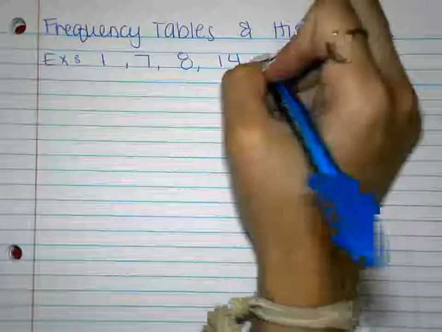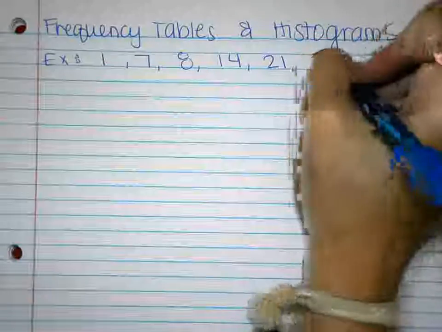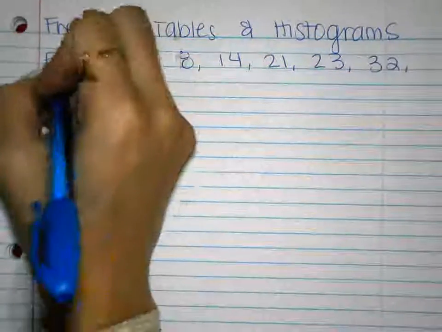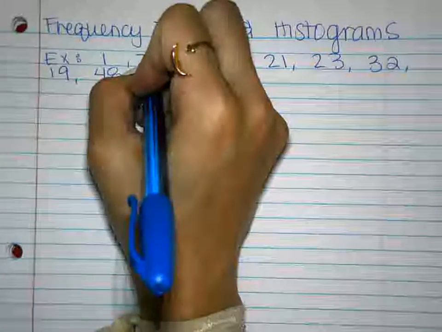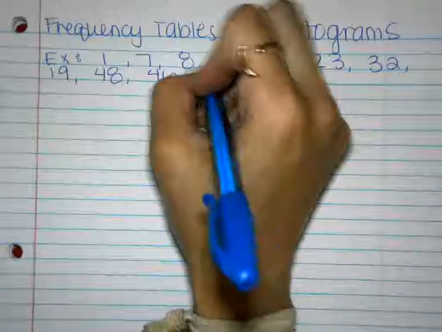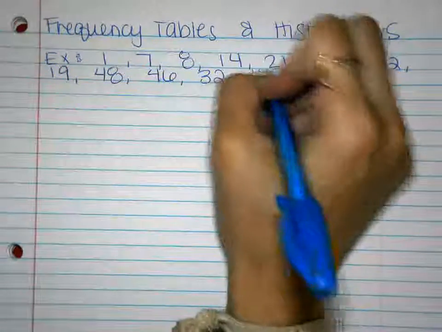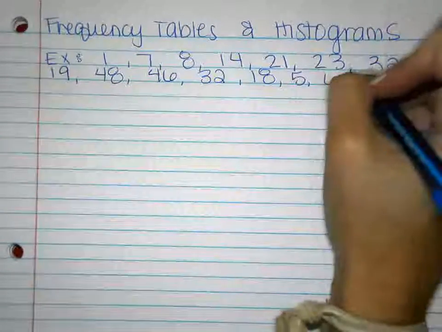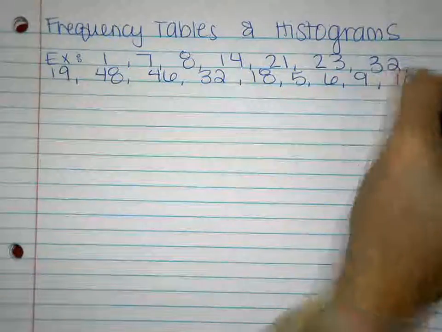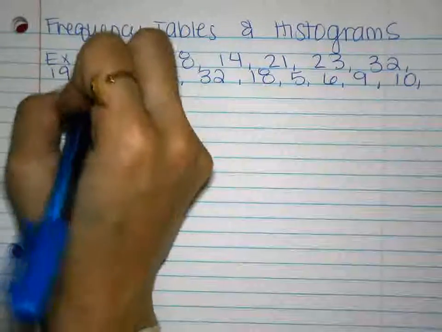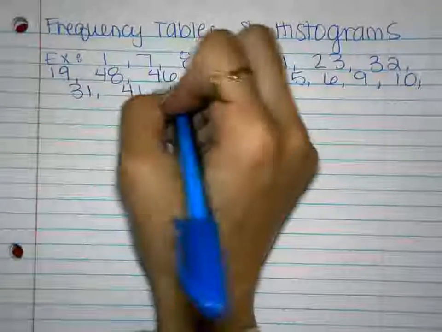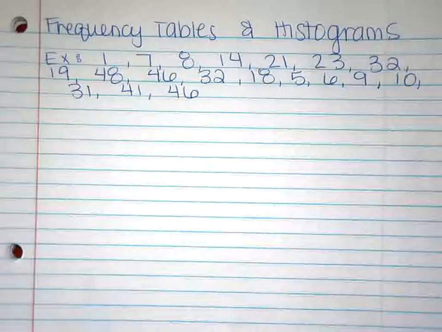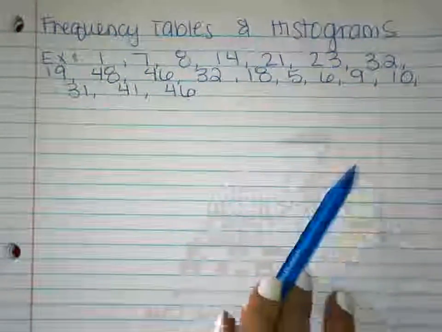So here's your list of numbers. 1, 7, 8, 14, 21, 23, 32, 19, 48, 46, 32, 18, 5, 6, 9, 10, 31, 41, 46. Draw me a frequency table, draw me a histogram for homework.